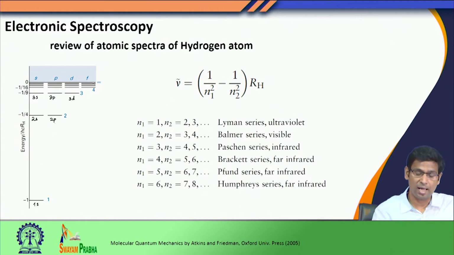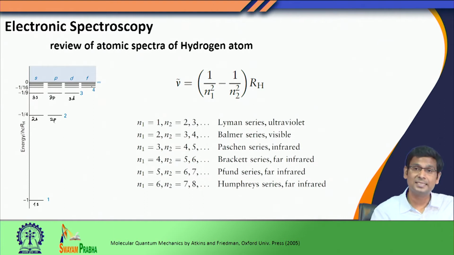As we go to higher and higher n levels, the relative energy spacing decreases, and when n becomes very large, or n equals infinity, we approach 0 energy. All the discrete states that you see here in this picture have negative energy, suggesting they are bound states, or they have stability, because in this case the electron is bound to the nucleus.